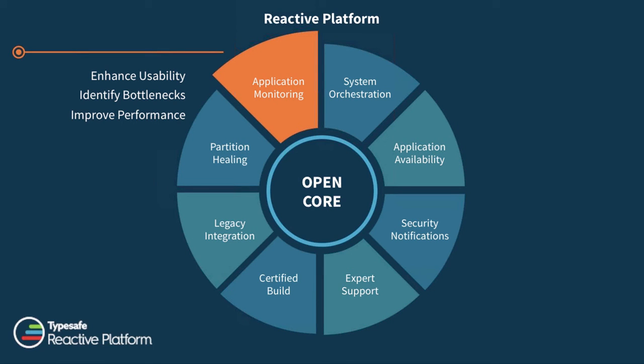Now, to talk about the reactive platform, we'll work our way around the wheel a little bit here. There's application monitoring. And, to be truthful, this is something that at Typesafe we've struggled with for a couple of years. When we first came out as a company, one of the first products that we put out there was something called Typesafe Console. And it's even reflected at the end of my book, because at the time that was supposedly the way that we were going to monitor Akka-based applications.